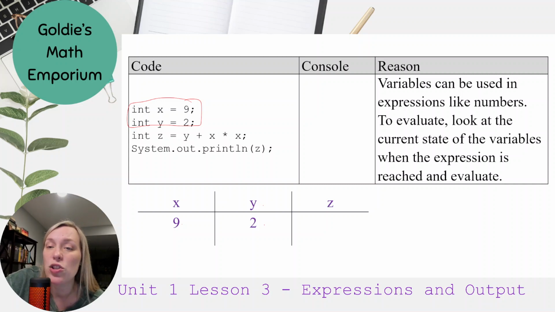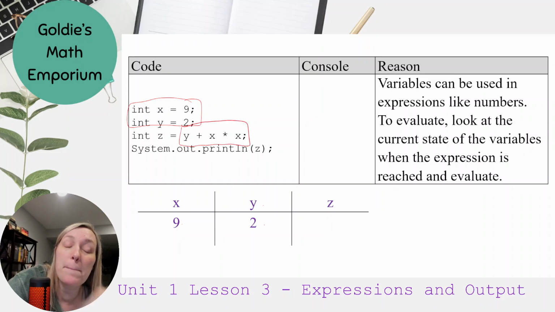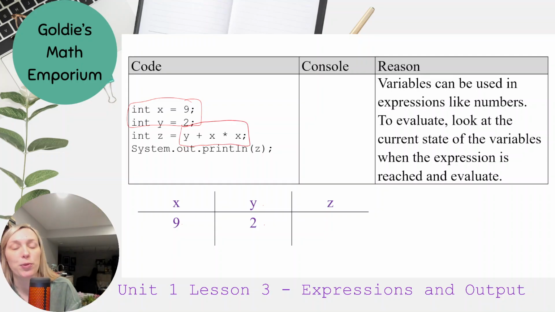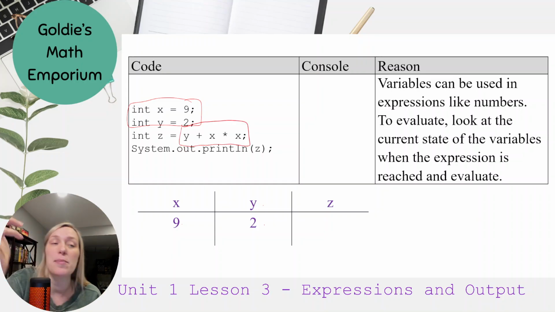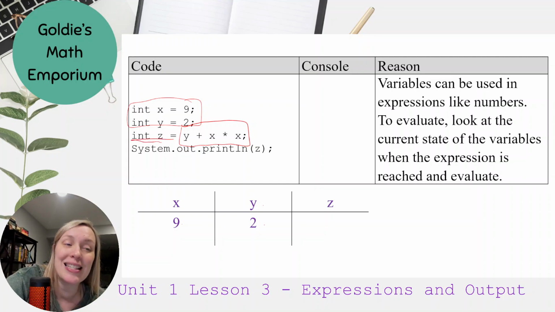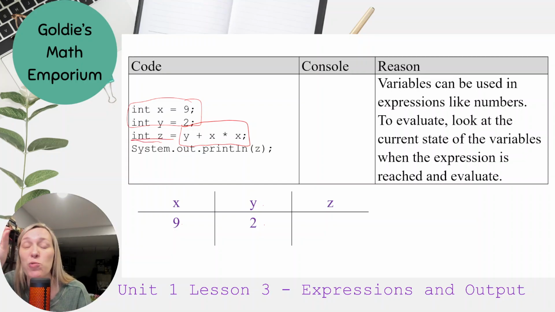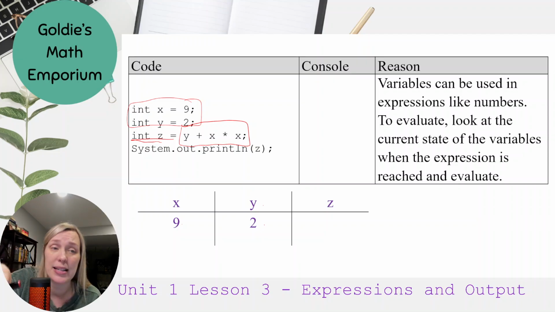And then what gets stored in z? Well, it's this expression. Okay? But it's not just that expression. Z needs to be an integer. So there has to be an actual value that is stored in z. So what does Java do? Java uses the values currently in those x's and y's to evaluate the expression.